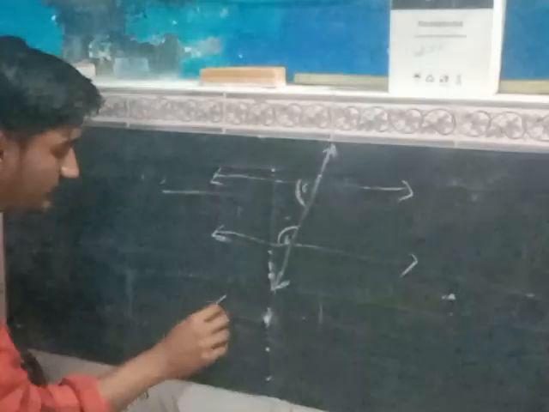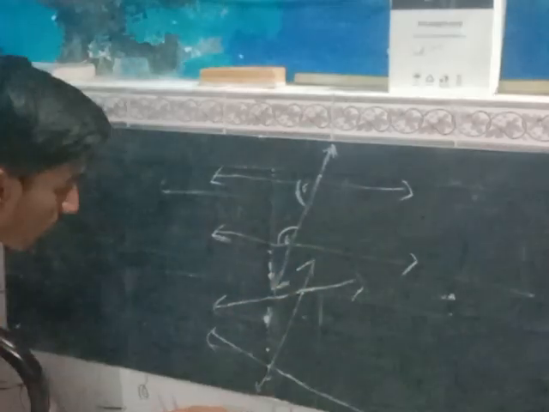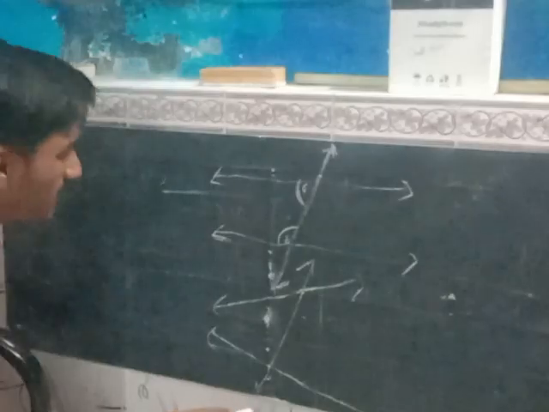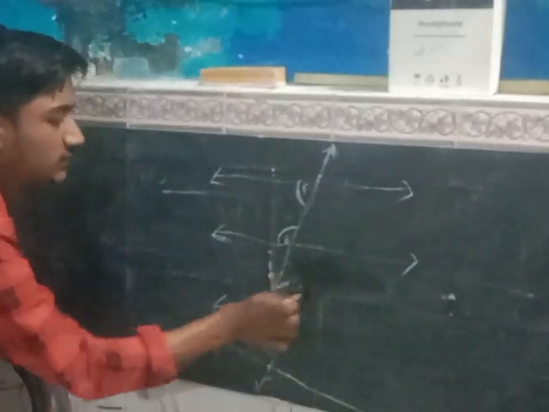But if I do something like this, the lines are not parallel. Maybe I don't know if it applies here or not, but till now I learned only about parallel lines.